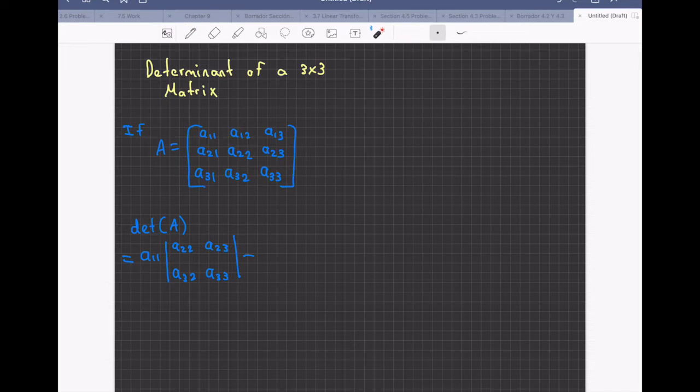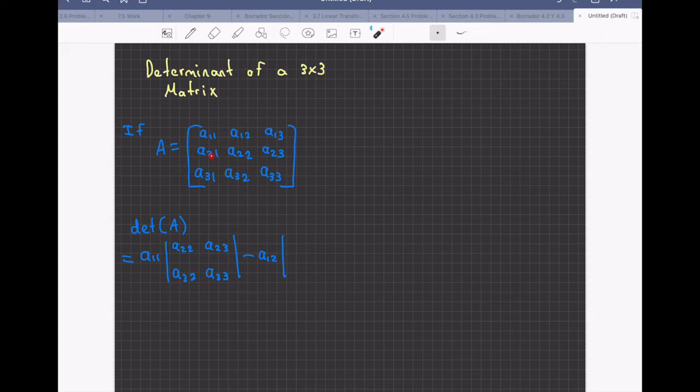Now, the second element in the first row is the element A12. So you put A12 times, repeat the process as before. This entry is in row 1, column 2, so imagine that you eliminate row 1 and column 2.